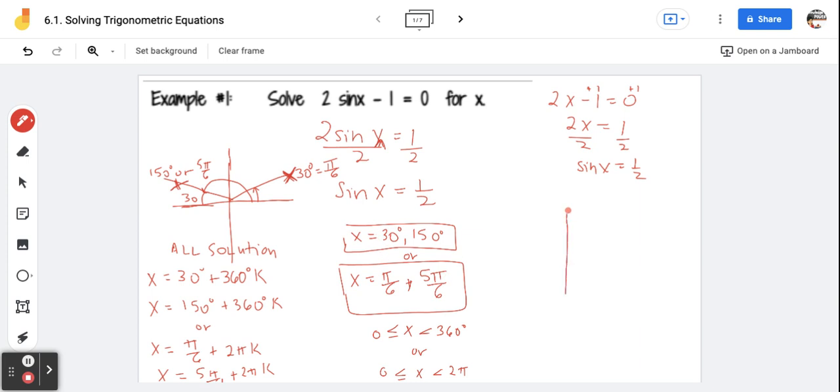Also, remember, if you just look at it from a graphical view, and they're not going to ask you to do this, but just to tie this into the graphing, if you were to graph the sine of x, remember, sine starts at 0 and ends at 2 pi. If you split the period into 4 equal parts, it goes from 0 up to 1, back to 0, down to -1, and back to 0.